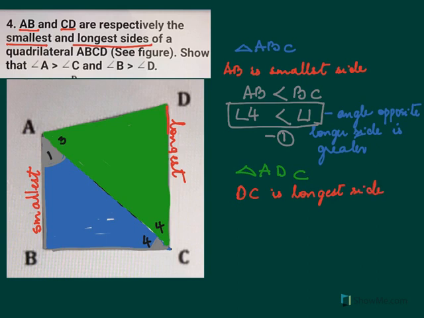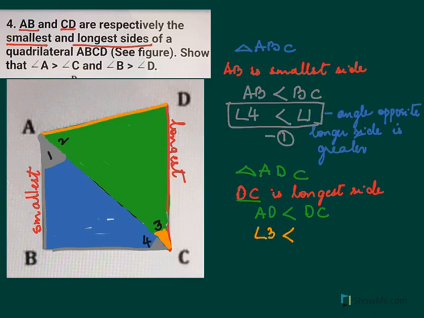So if I mark DC here, and I compare it with another side, say AD, I will definitely write AD will be less than DC, because DC is the longest side. Now opposite AD is angle 3, not angle 4, angle 3.